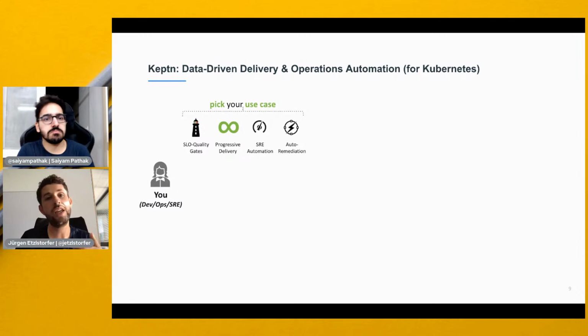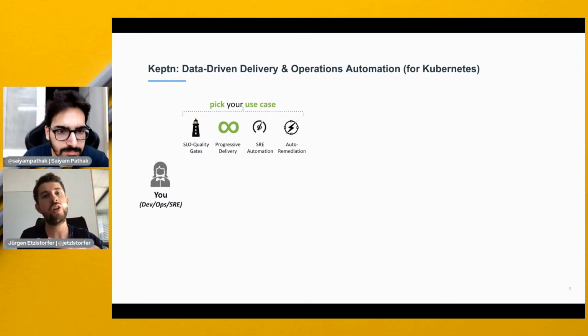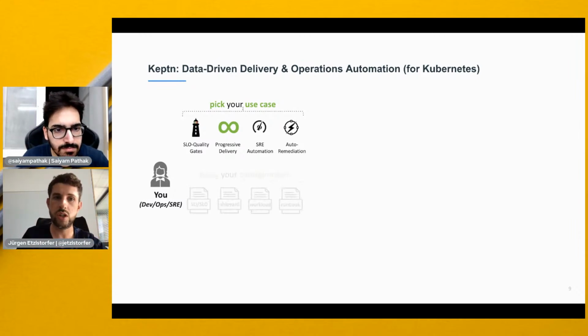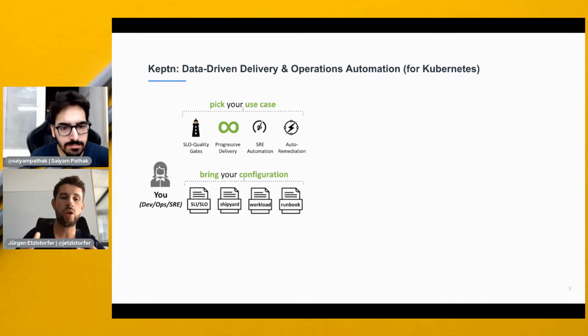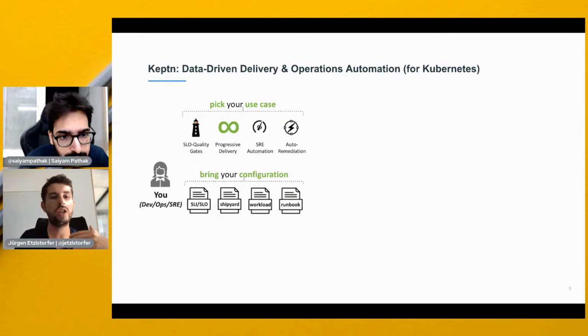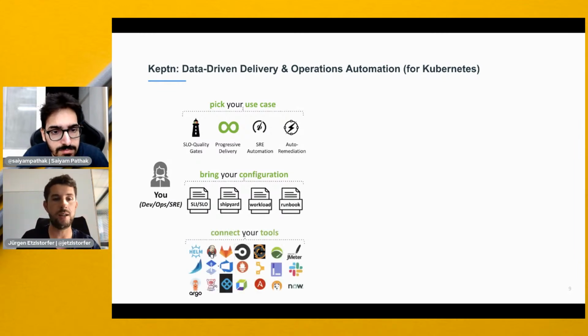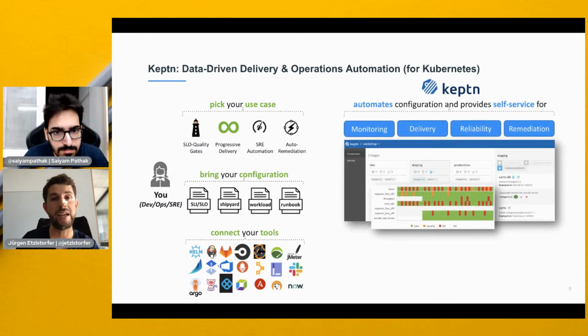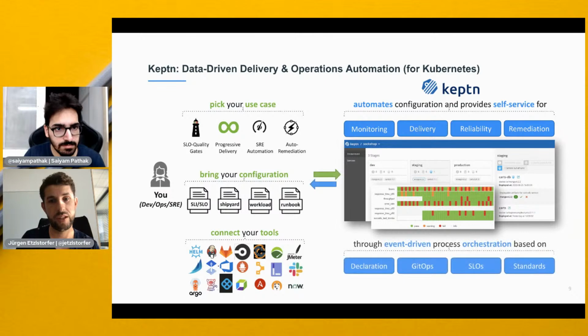So you pick your use case, you install Keptn, and then you connect Keptn to the tools that you want to automate and orchestrate. You bring your configuration, your process definition, and your quality gate definitions, and then Keptn can automate those use cases for you by automating the configuration of the tools and also your processes.